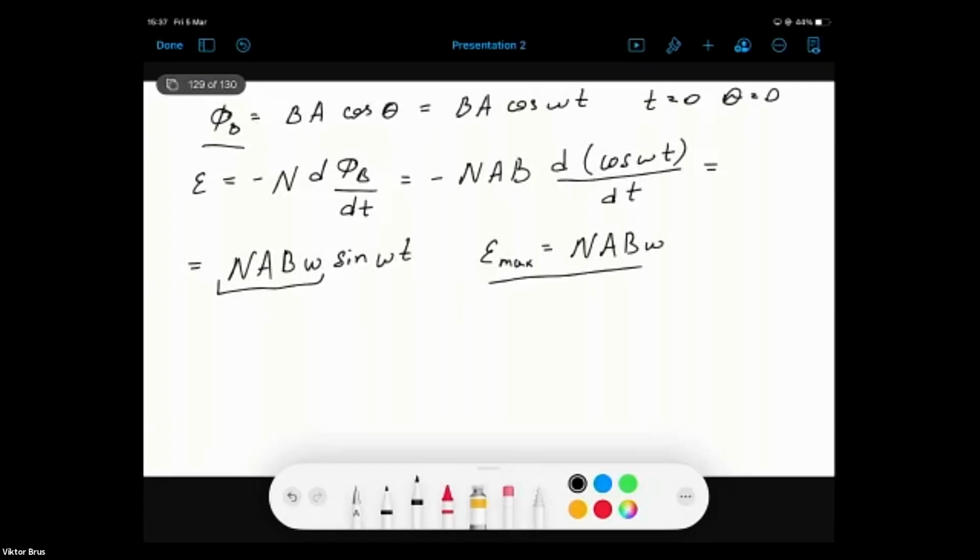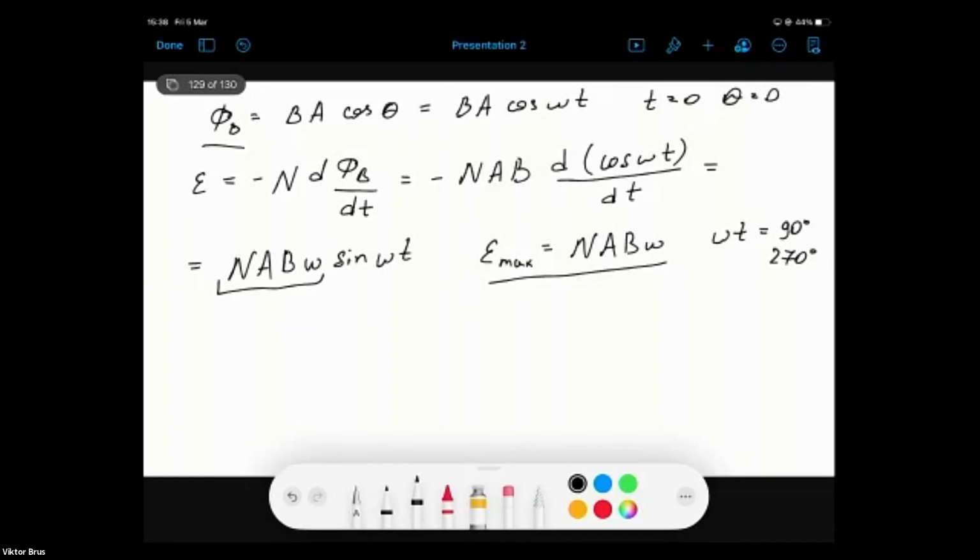And this will be reached when the frame with respect to the magnetic field is oriented at an angle of 90 degrees or 270 degrees.